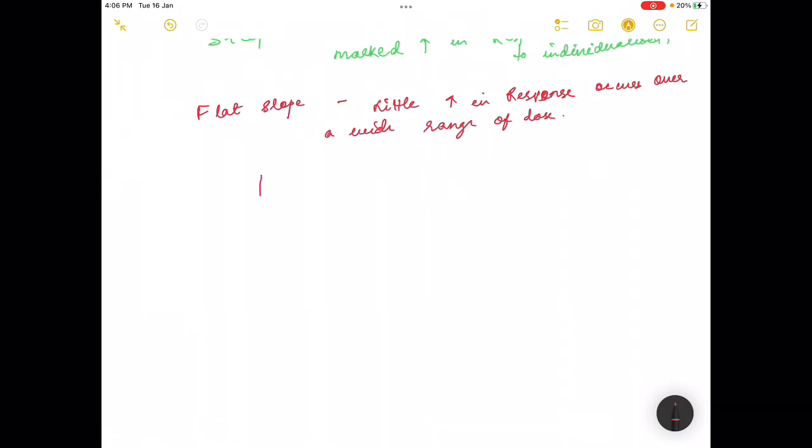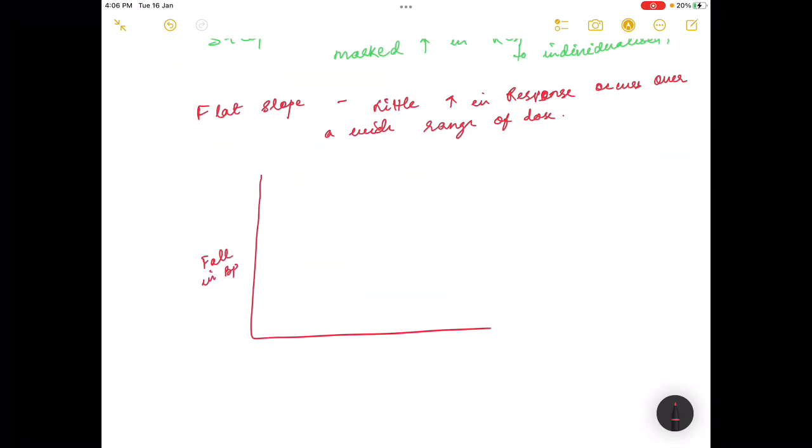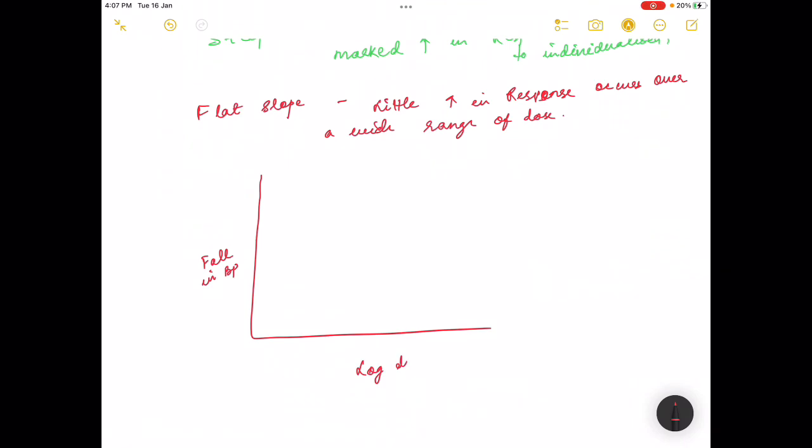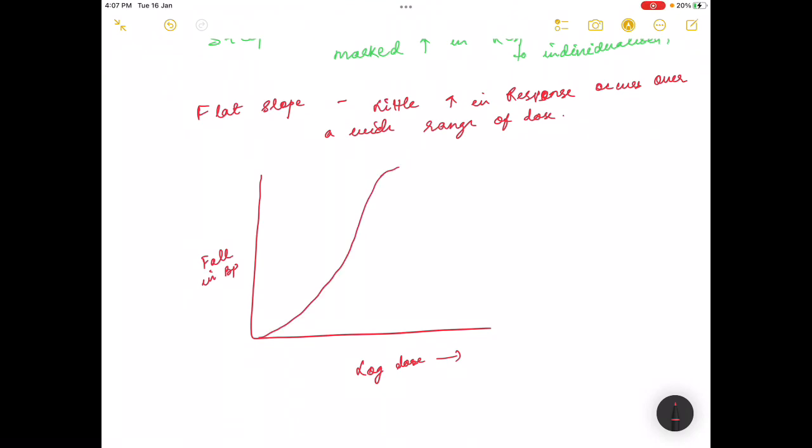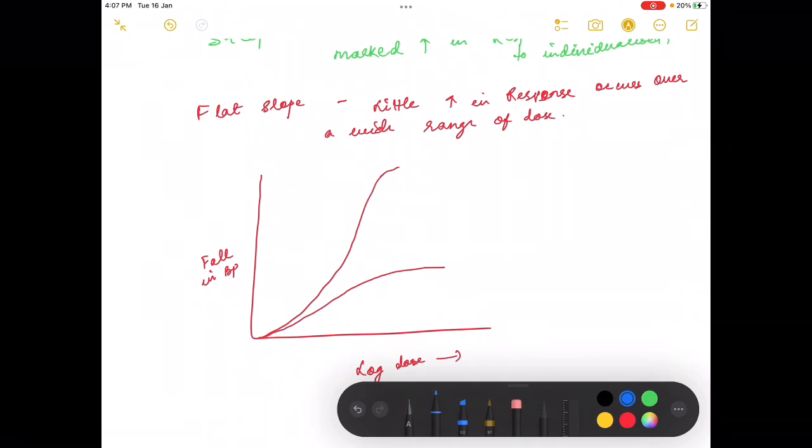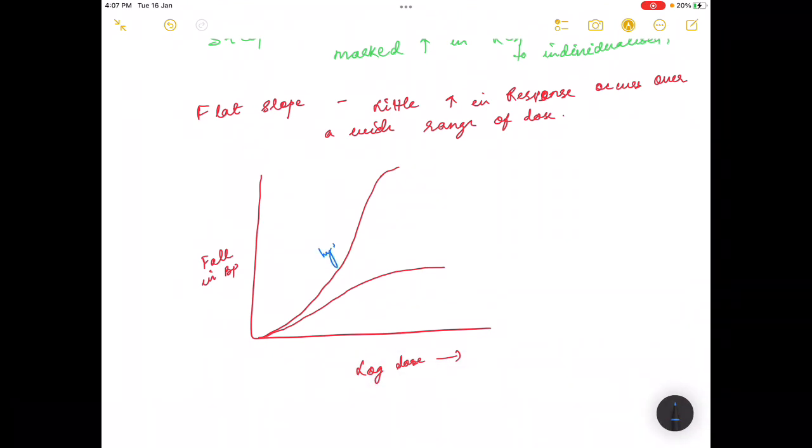For example, in this, if we plot fall in BP versus the log dose of two antihypertensives, namely hydralazine and hydrochlorothiazide. Okay, so this is the slope of hydralazine and hydrochlorothiazide.